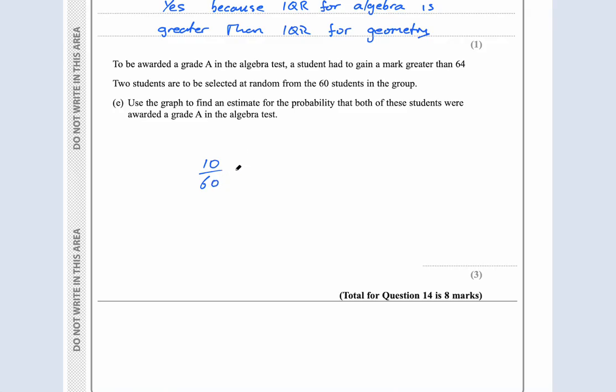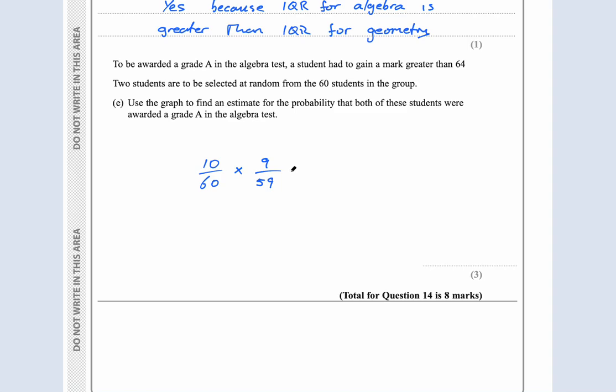But we're now going to do 9 out of, because once we've taken the first student, now there's only 9 students left that got an A. So I do 9 out of, and again, it's not out of 60, it's out of 59, because I've taken that student away.